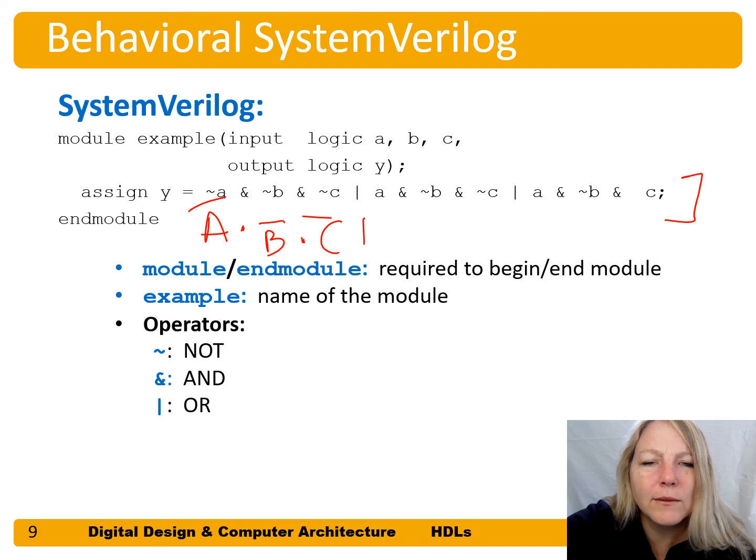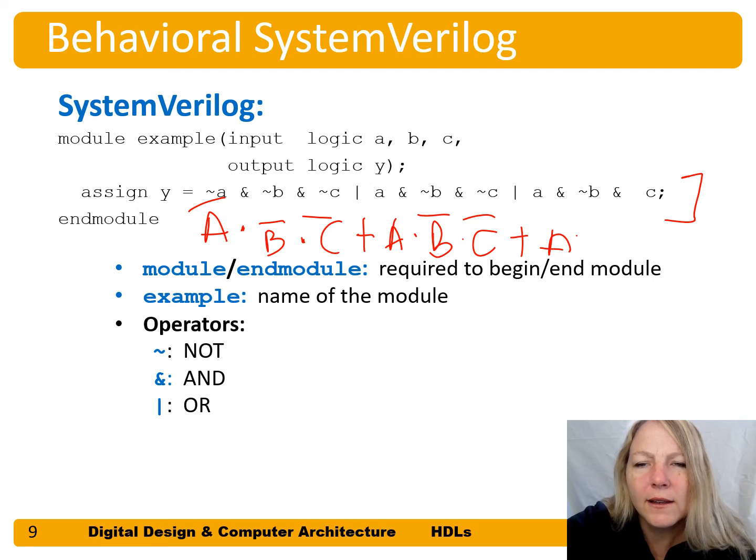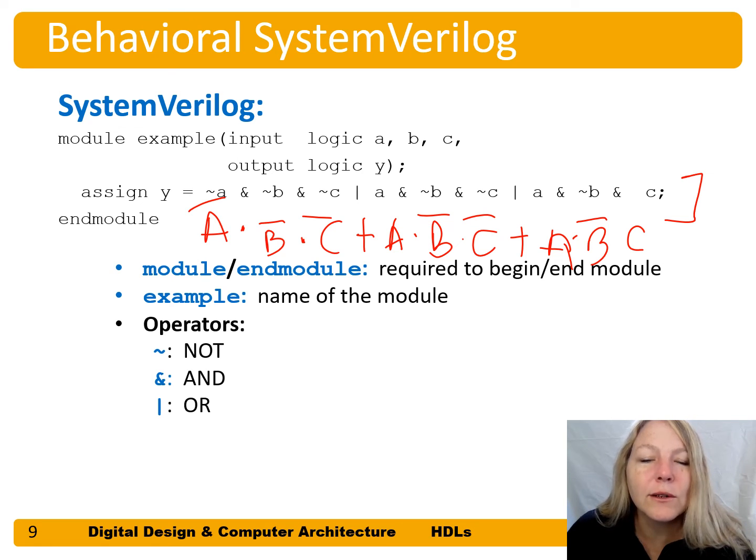And this vertical bar means or, a, and not b, and not c. Another or, a, and b bar, and c. And so we've used SystemVerilog, this language, to describe what the behavior of this circuit is. We haven't said, hey, instantiate an AND gate and an OR gate. We actually let the synthesis tool decide, well, how do you want to implement this in gates?